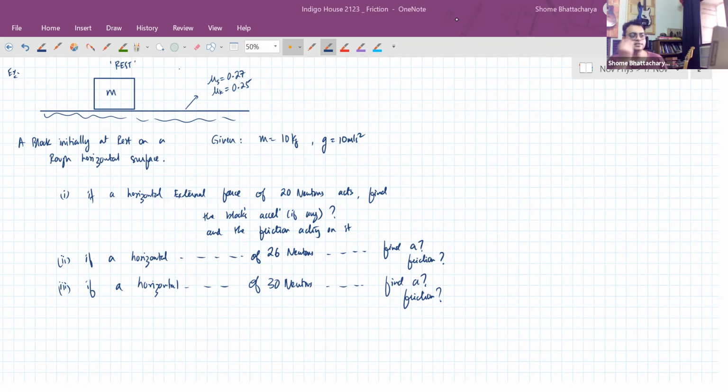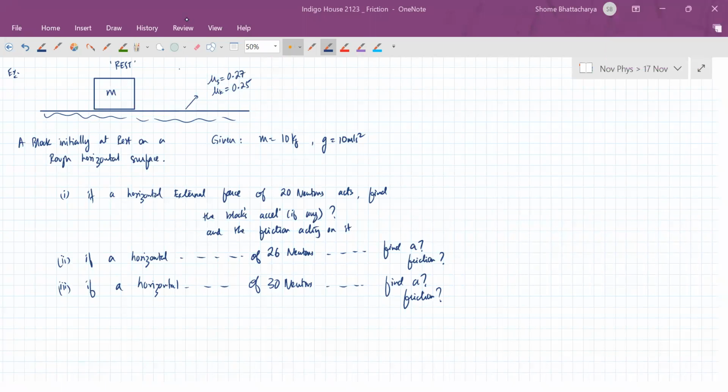So this actually happens in reality for all surfaces. But for most surfaces, the difference is so small that you can't really measure it. So we take the value as same. Like here also, you can see the difference is 0.02. So in terms of a percentage difference, it's a very small difference. If you take coefficient of kinetic friction 0.25 and compare, a difference of 0.02 is like a difference of 8%. In most cases, it will be a very small difference.